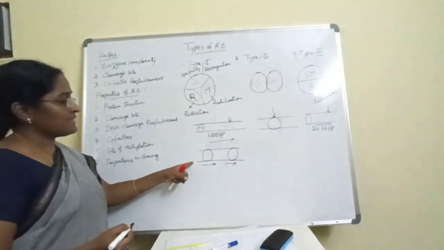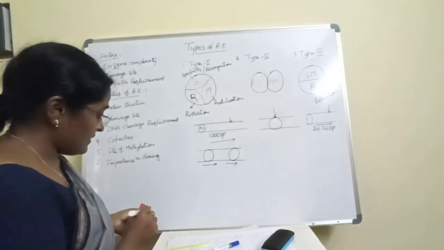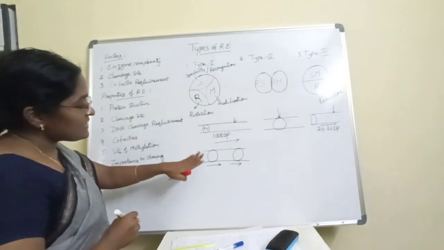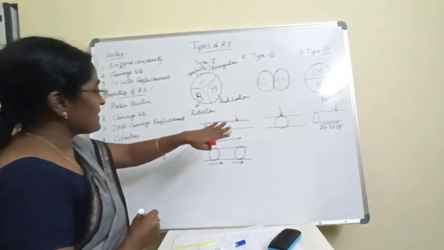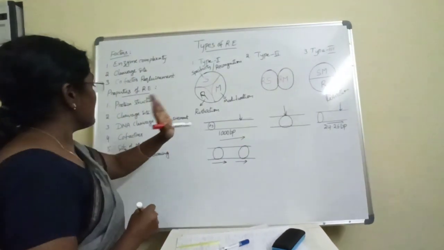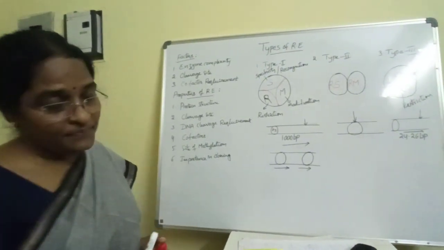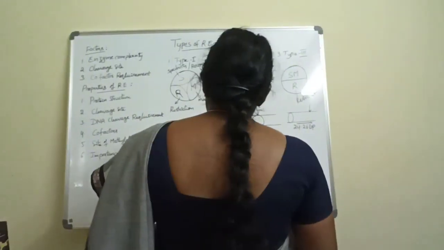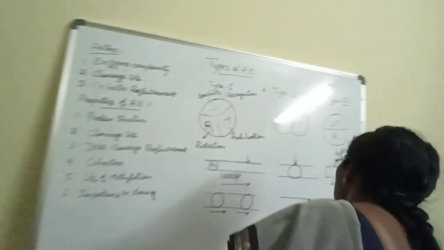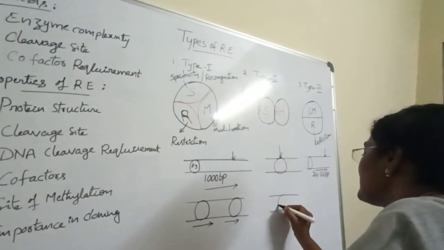These two sites can be present in any orientation, but two non-specific random recognition sequences are required for DNA cleavage. For type 2 restriction enzymes, only one recognition site is required.